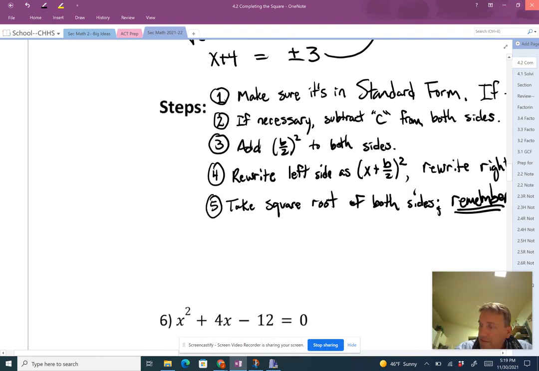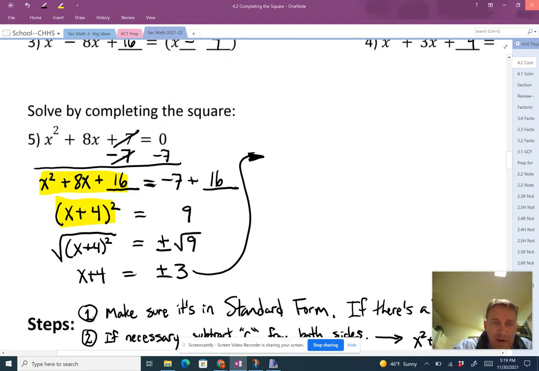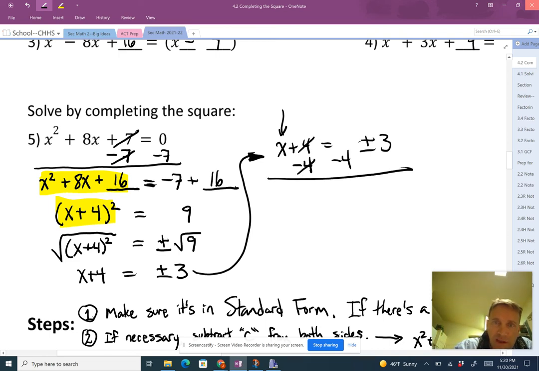And then finally, step 6, I'm just going to say solve for x. And what does that look like? We say x plus 4 equals plus or minus 3. So I subtract 4 from both sides. I want to get the x alone. I subtract 4 from both sides of the equal sign.